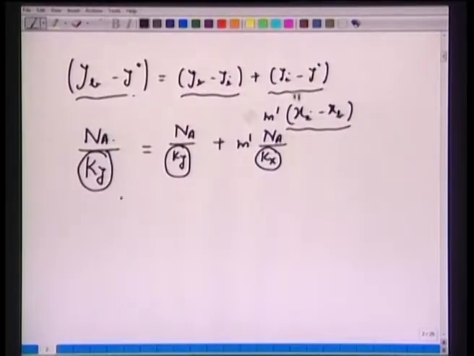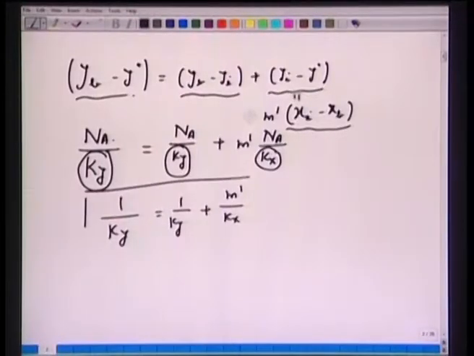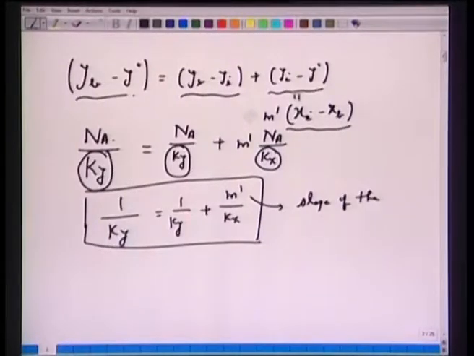So we obtain the same relations which we had earlier: 1 over Ky equals 1 over small ky plus M dash over small kx, where M dash is the slope of the solubility curve. So this is the slope of the equilibrium curve, or the solubility curve, which in the present case is the equilibrium curve.